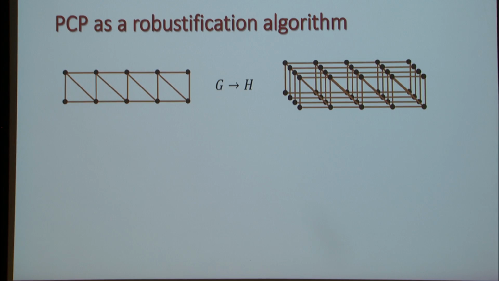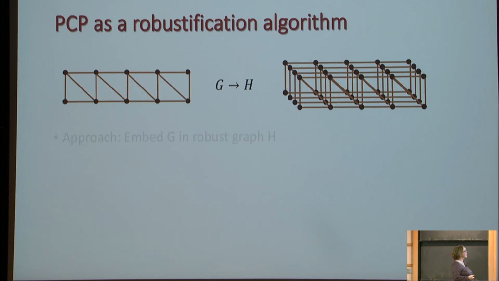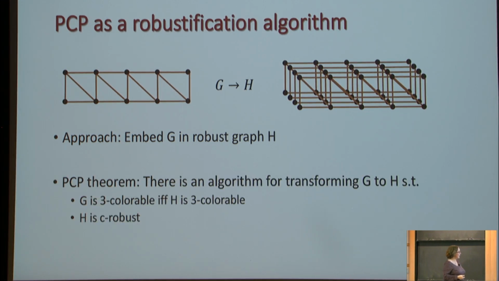So now I want to describe the PCP theorem as an algorithm that takes a graph G and embeds it in a new graph H, where H is robust. So it's some kind of robustification algorithm. Okay, so this is our approach. And this is what the PCP theorem says. It says that there is such an algorithm for moving from G to H, so that two things happen.